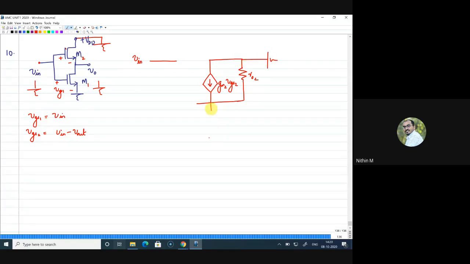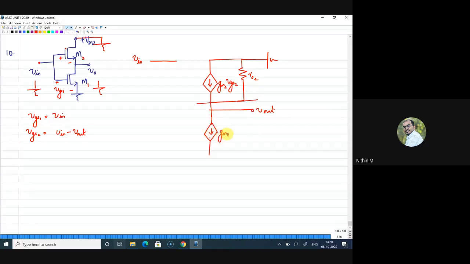That is V in. Similarly, if you draw for M1, since it is down, I'm just drawing here because the drain of M1 is connected to V out. So I will consider this as my V out point. This is V out point and this is drain of M1. So here I'll draw this.